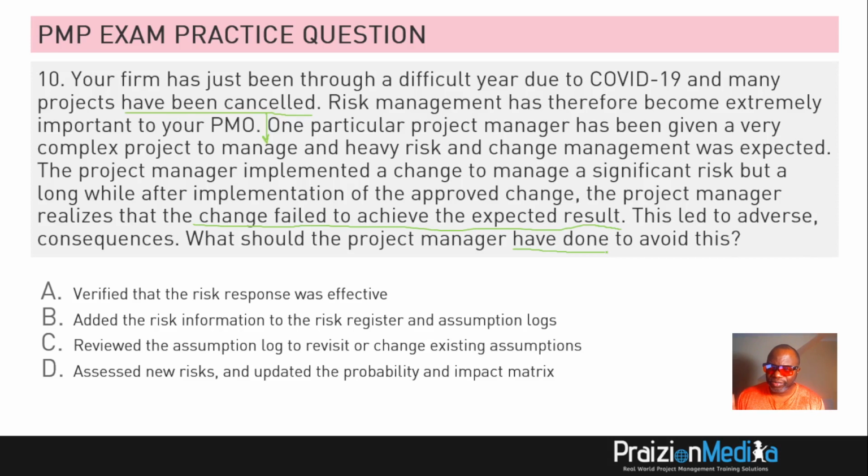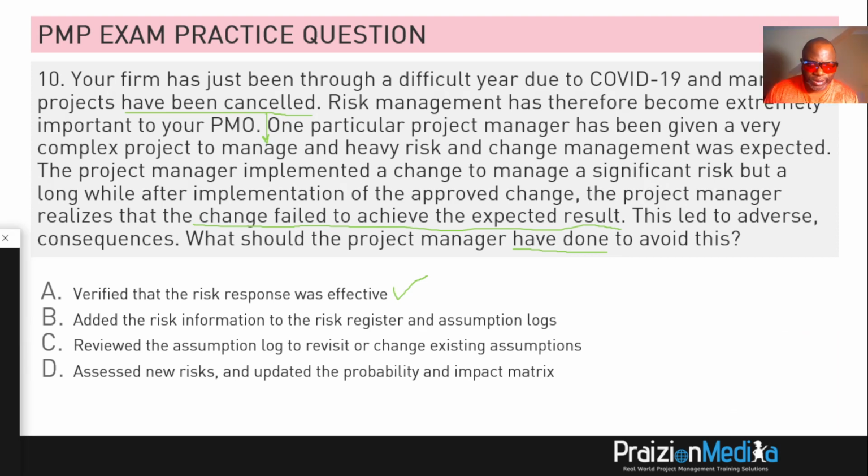If the risk response was verified, that is the best option. Everything else is bogus or irrelevant. All right. So the best answer again, A. I know some of you have seen this on the channel already because we've reviewed this in the past. All right, let's move on.